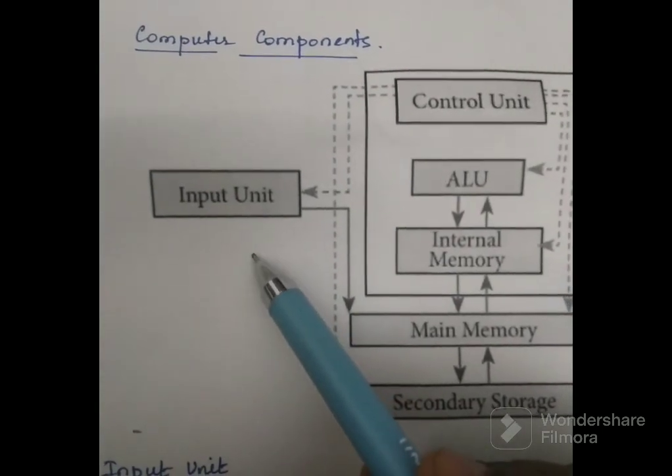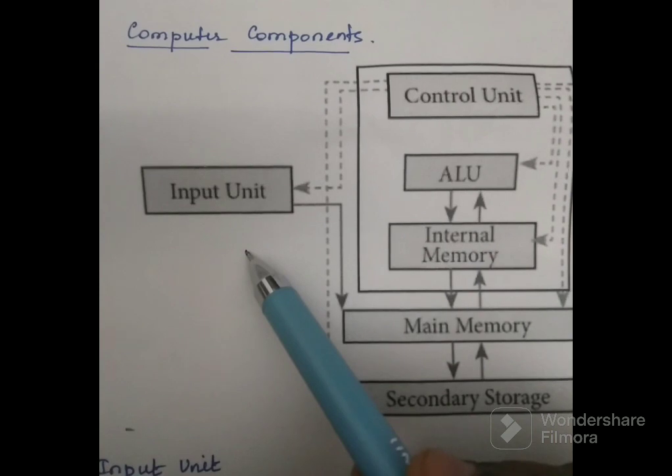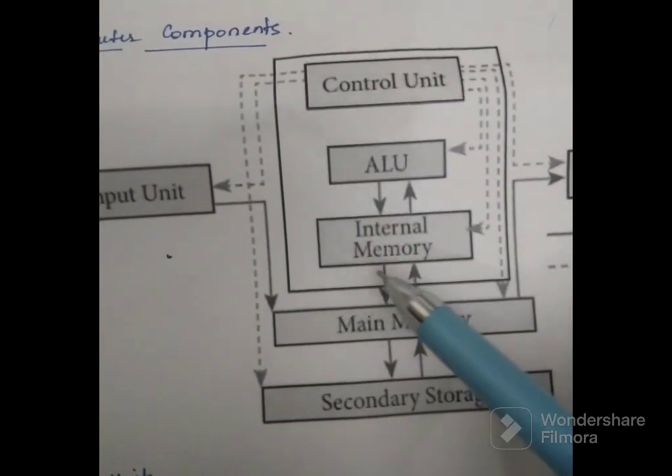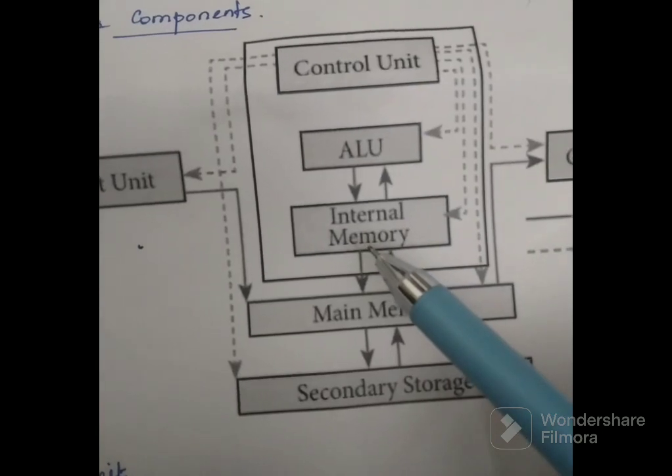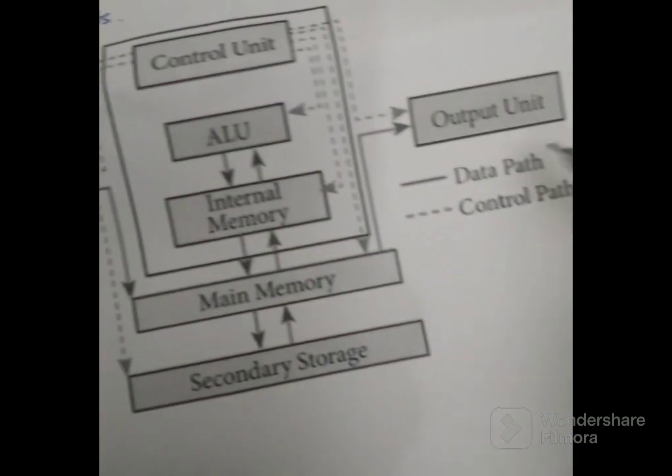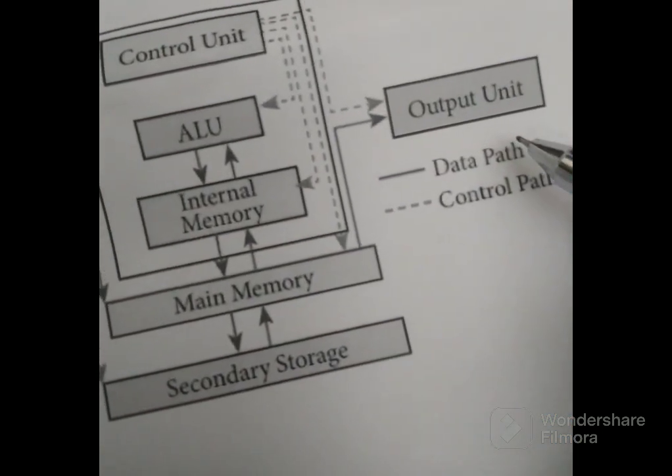The input unit takes the input, the central processing unit does the processing of data, and the output unit produces the output.